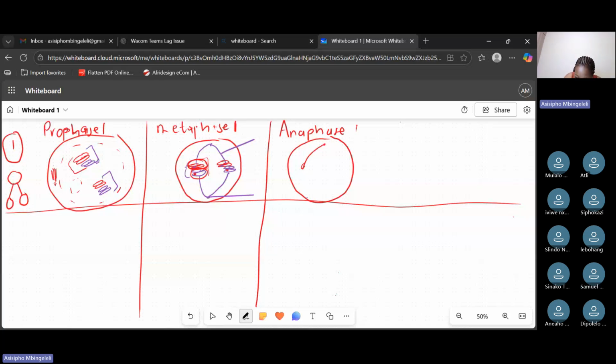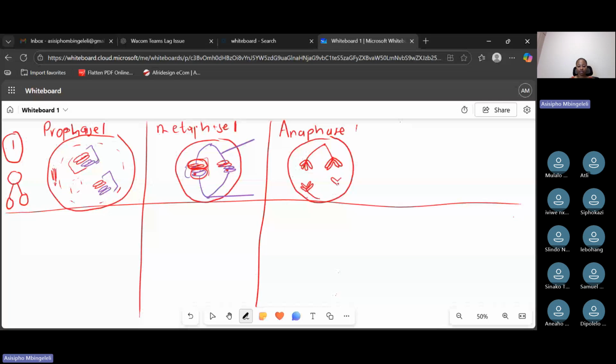And this is another chromosome with two chromatids. And then this one, same. The full chromosome with two chromatids. Another chromosome with two chromatids.